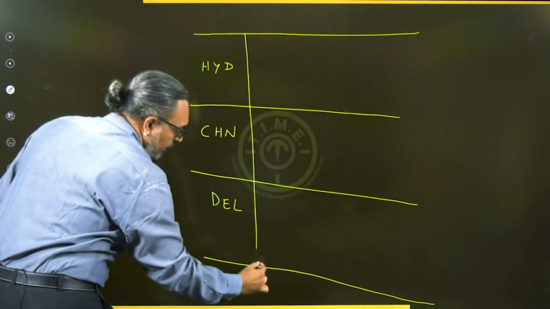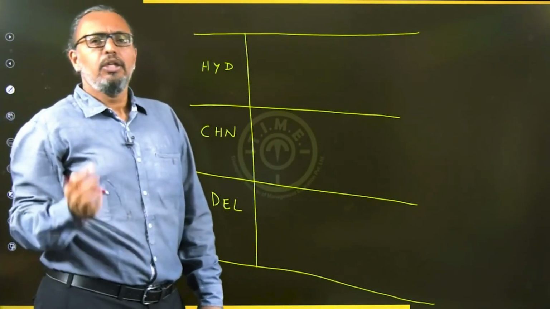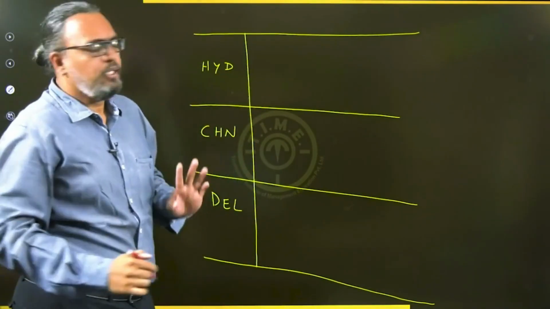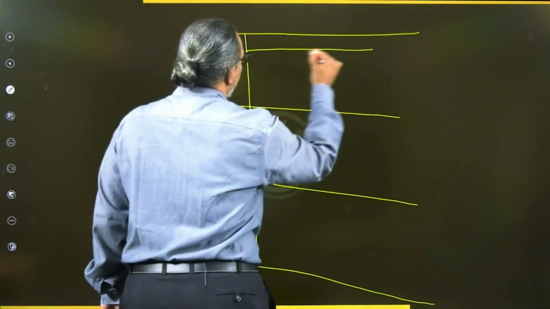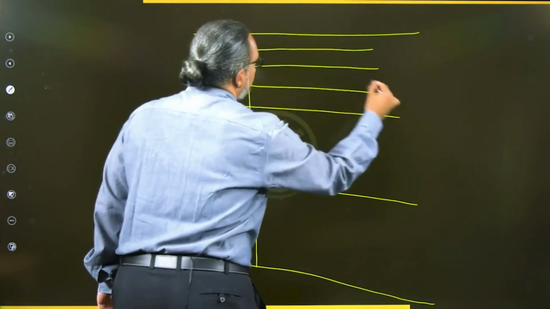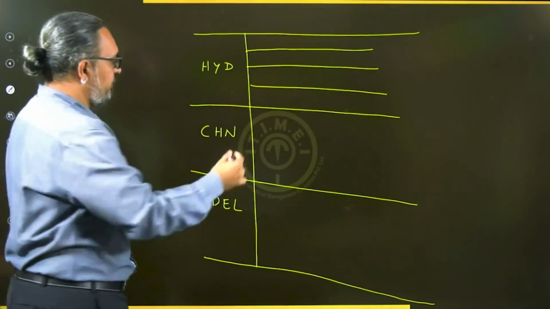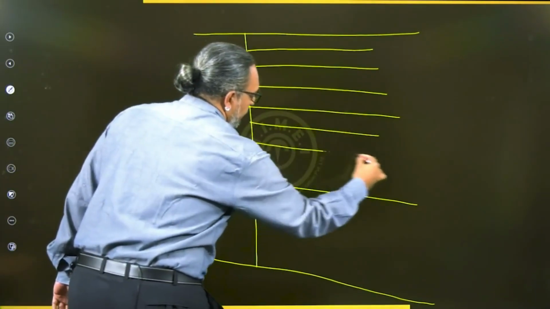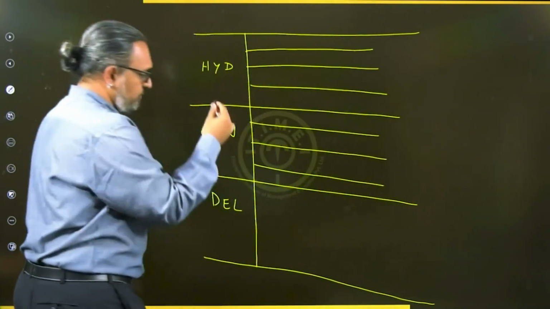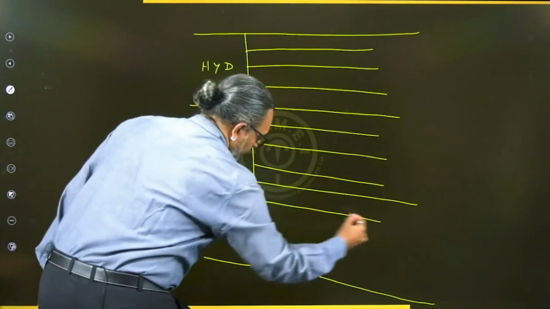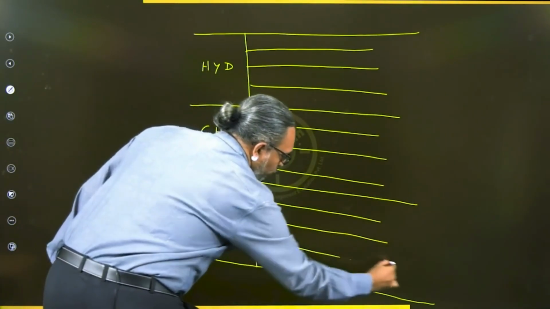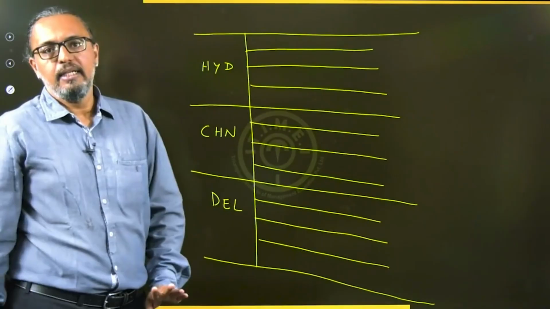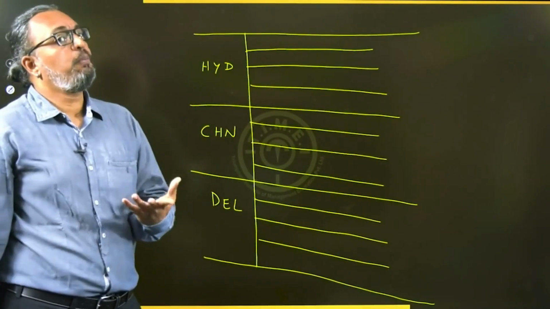How do we give those positions? You give 4 positions per city. Like this. So I give 4 positions for Hyderabad, 4 positions for Chennai, and 4 positions for Delhi. Which city is having 4 people, I don't know.